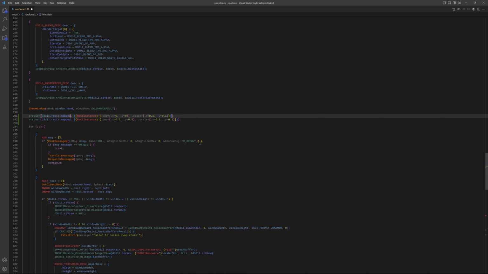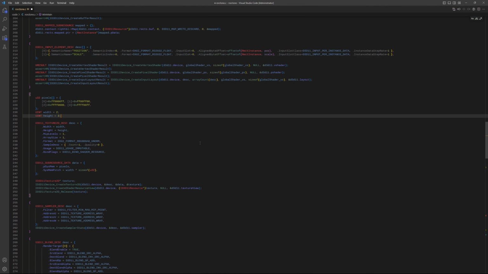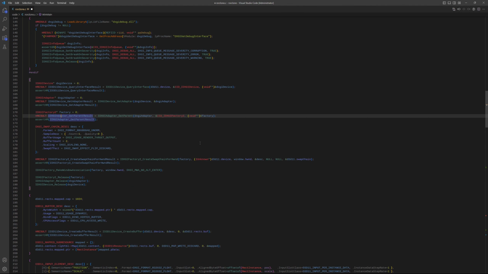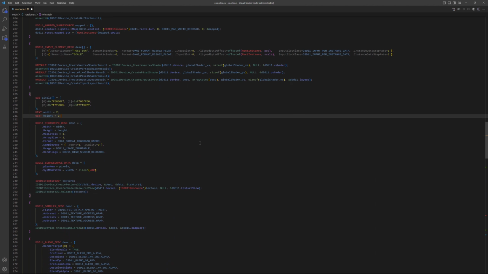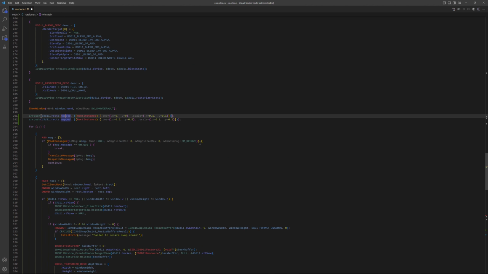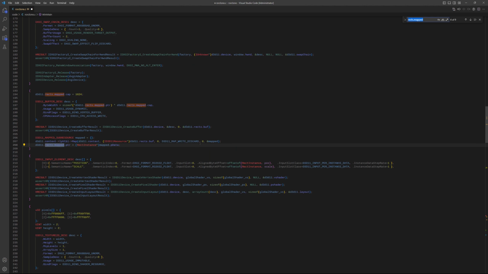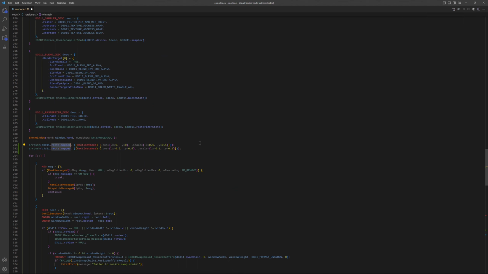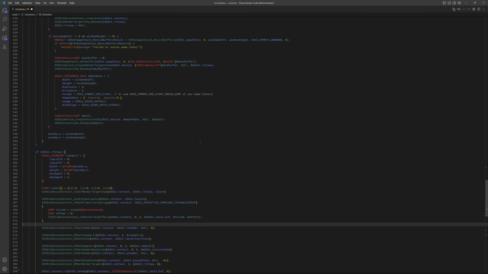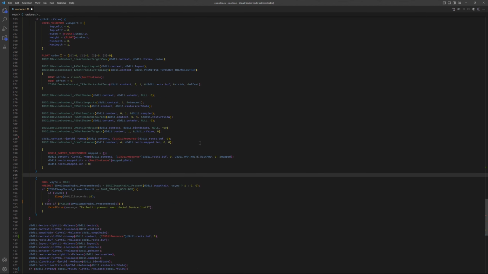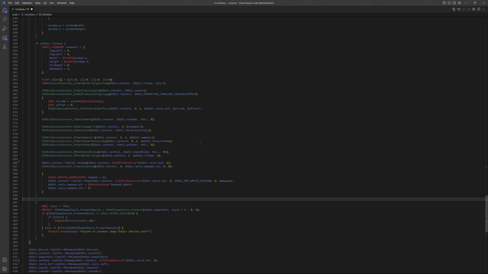Alright, so that's the mapped buffer, where it was mapped up here somewhere. Here, yeah. So that's the mapped buffer. Now, if I push it here, I kind of want to modify it potentially, right?